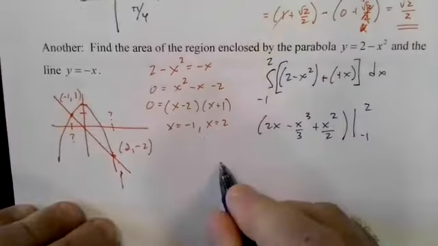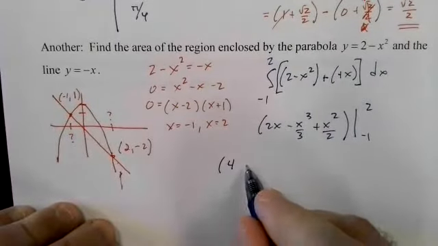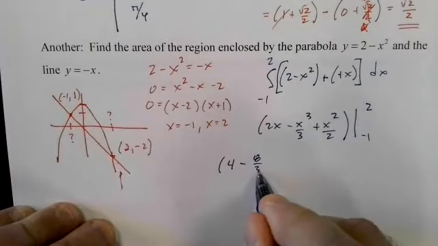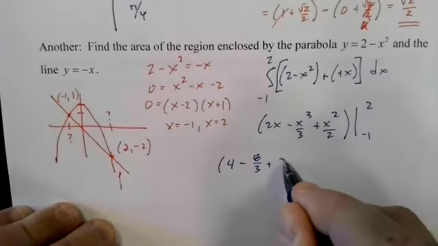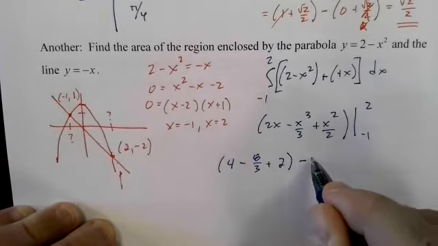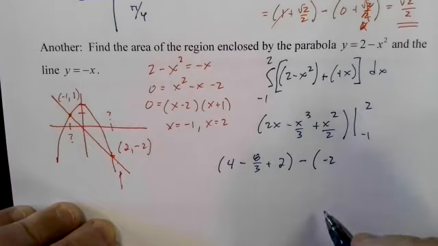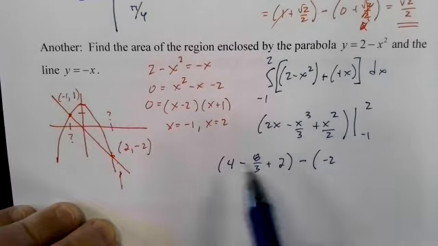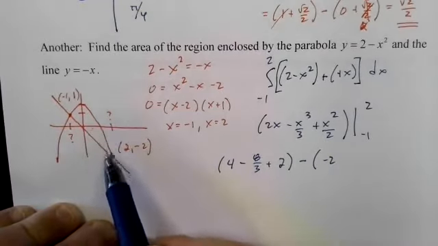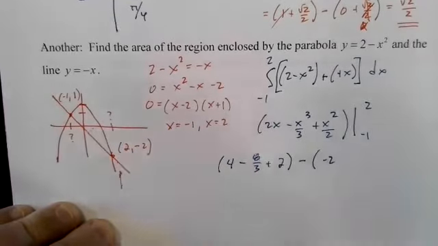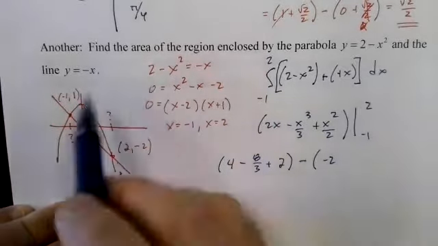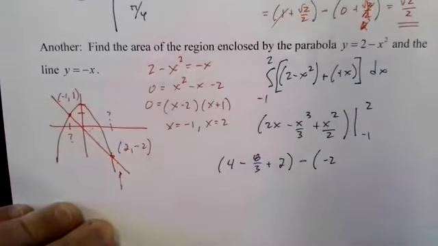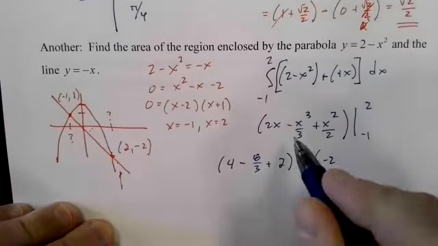Cool. All right, blast it out. 4 minus 8 thirds plus 4 over 2 is 2, minus -2. Notice it goes minus -2. That's how come we don't have to worry about the bottom here. It's going to subtract the negative. It's going to add the area up. So there's no negative, positive thing you have to worry about. Absolute values are gone. It's good stuff.